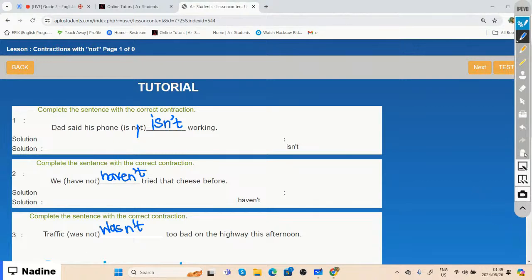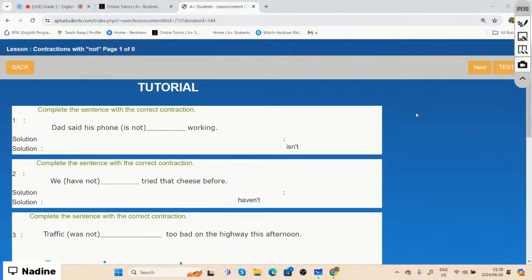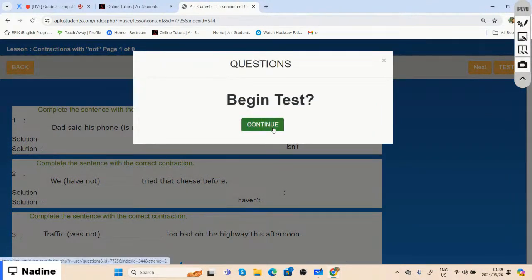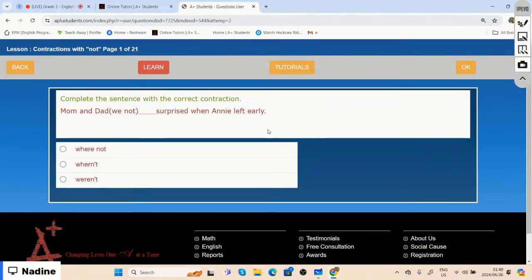All right. So now let's go to our test before we end off our lesson. So the test with contractions with not. It says mom and dad were not surprised when Annie left early.